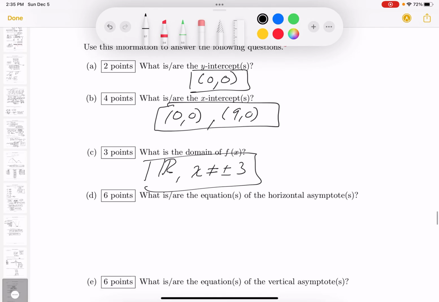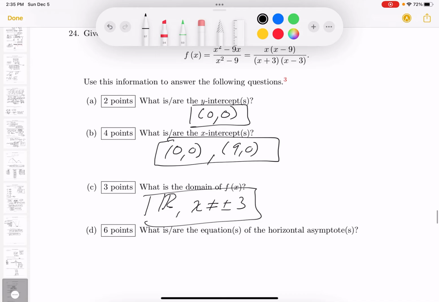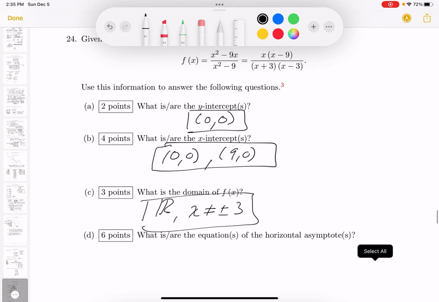All right, what is the equation of the horizontal asymptote? Well, let me talk about this. Not that you have to put a whole bunch of work down, but we would love to see work, and certainly articulate work. But I understand sometimes it's really tough to put work down. And what's our recommendation? Divide through by the highest degree variable, which is x squared. You will get 1 minus 9 over x squared on top.